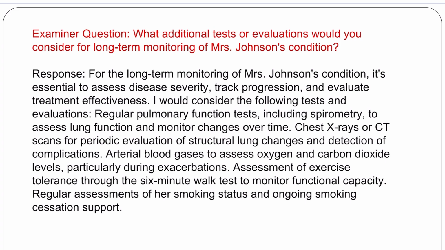So the response: long-term monitoring of Mrs. Johnson's condition is essential to assess the disease activity, track progression, and evaluate treatment effectiveness.